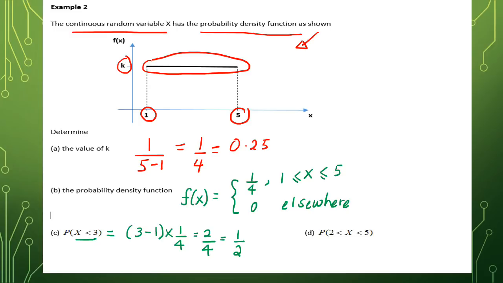Look at part D. Part D is asking you to find the probability between 2 to 5. In this case, if I still want to use area, then I will just have to do 5 minus 2 times 1 over 4, which is the height. So I will get 3 over 4 as the probability.